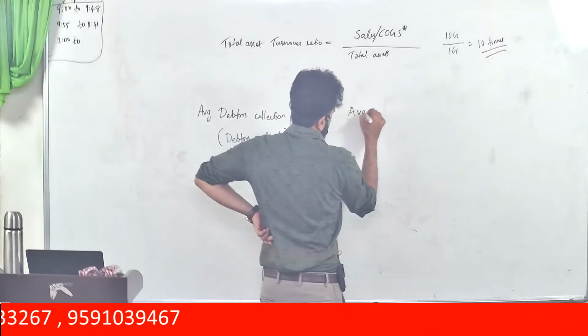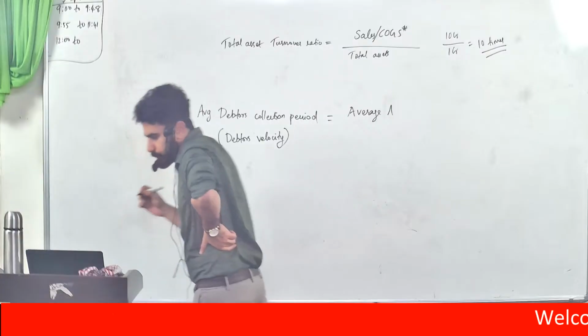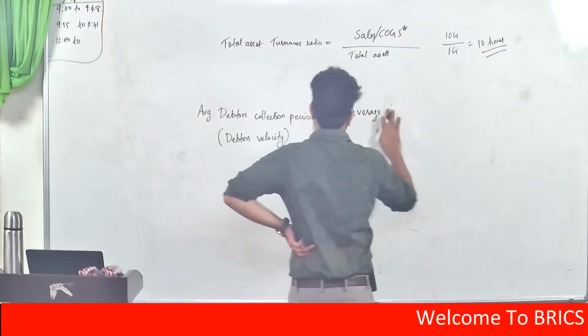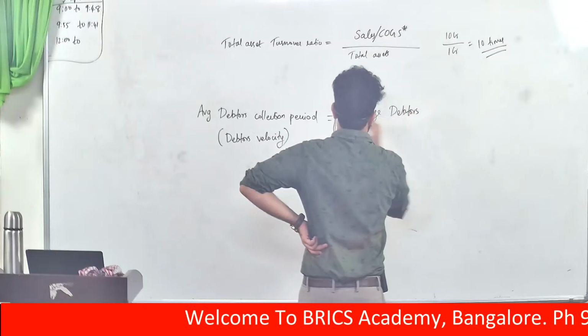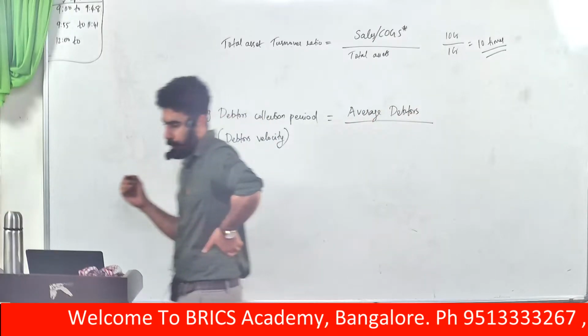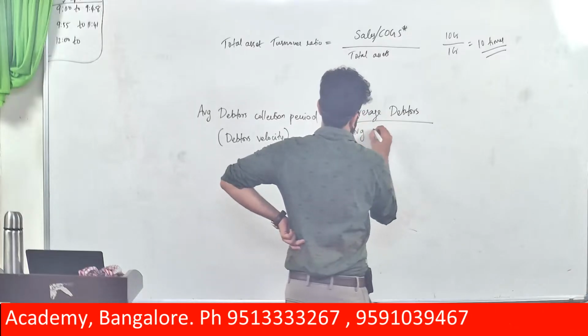We can compute it using average accounts receivable, or average debtors, divided by average daily credit sales.